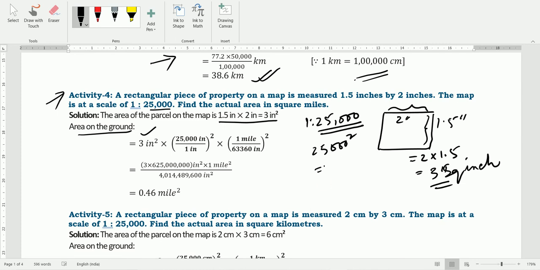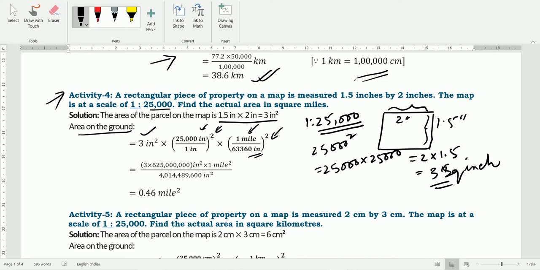That is 25,000 multiplied by 25,000. It is to be squared, remember. And since we want to express in miles, we divide by 63360, because 1 mile is equal to 63360 inches, and it is also to be squared.